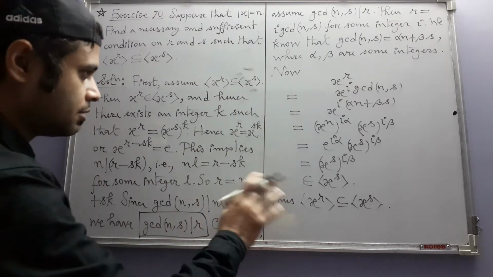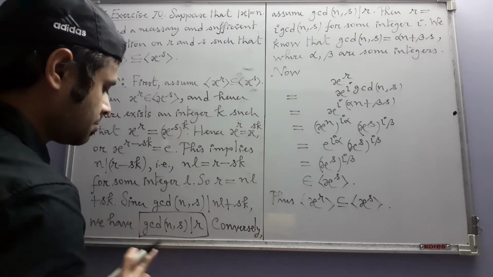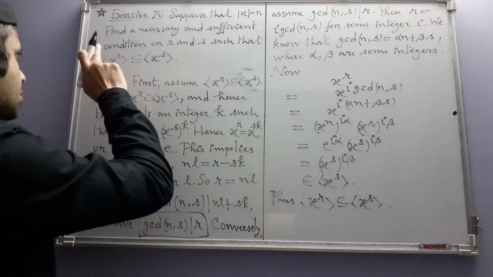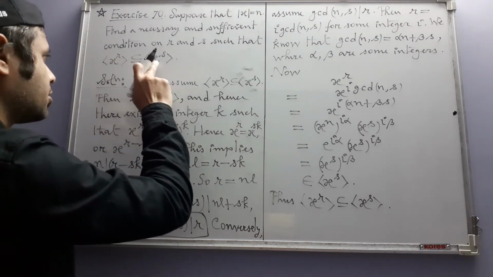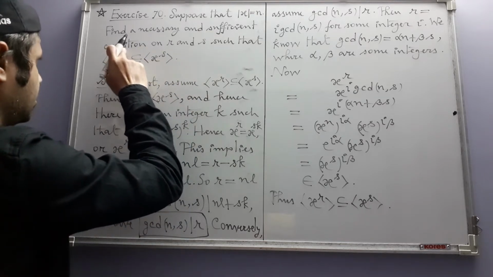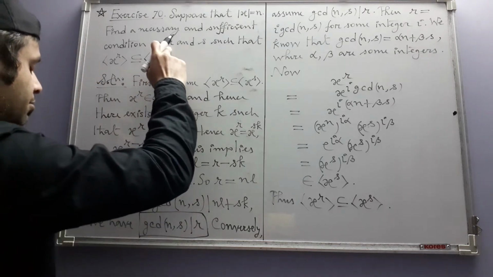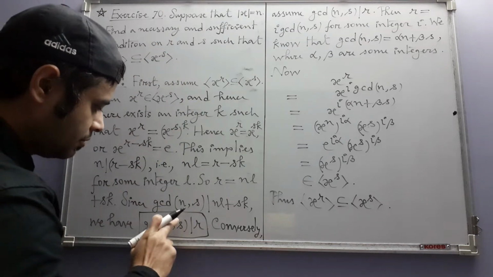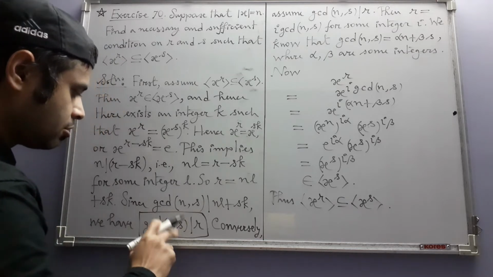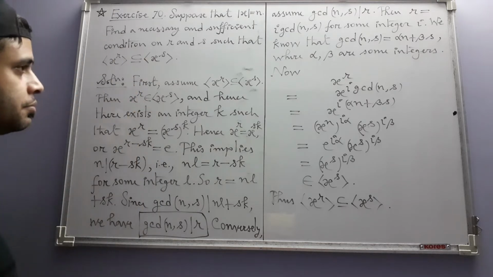And before we wrap things up, let's once more see what this is. For the subgroup that is contained in the other one, we have r, and for the bigger one we have s. GCD of s and n should divide the exponent of the smaller one.